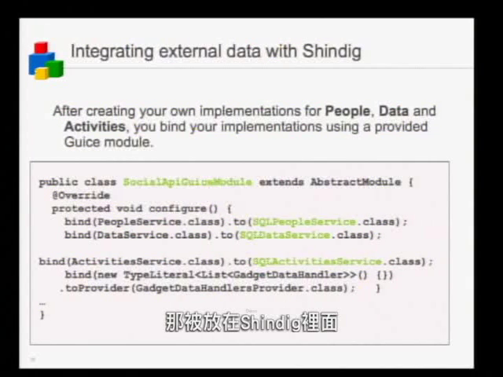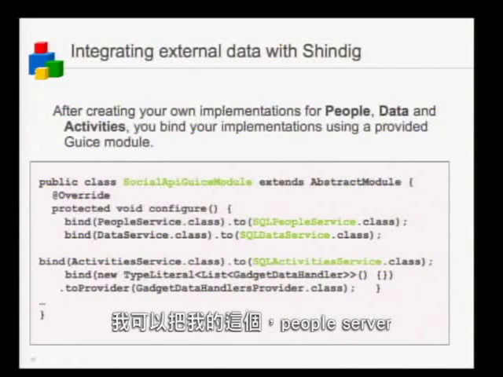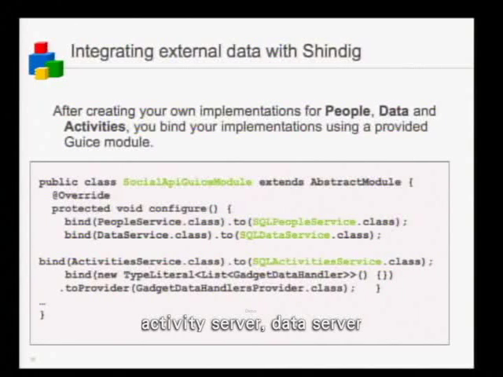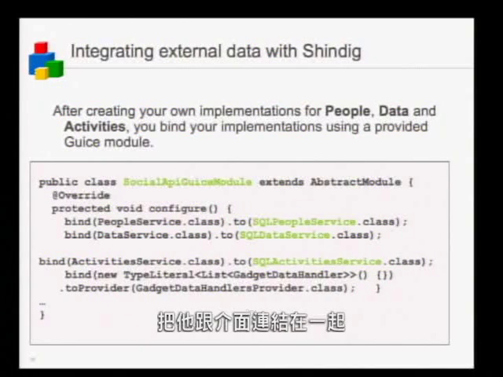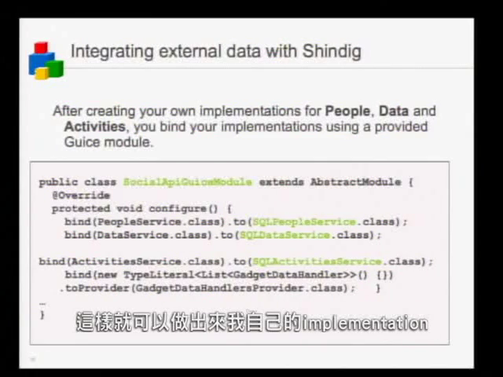Google Guice was built by a Google software engineer, Crazy Bob, and it's integrated within Shindig, and that's how you plug in my custom implementations for the people service, the data service, and the activity service. I just bind them to the interfaces, and then it becomes live. That's all I had to do: I created my own implementations, bound them in the Guice configuration module, and once it's live, it starts querying the database.